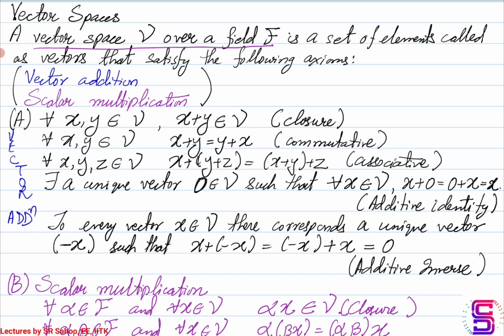Vector addition also satisfies the associative property: x plus y, added to z, is the same as x added to y plus z, where x, y, z are vectors from V.